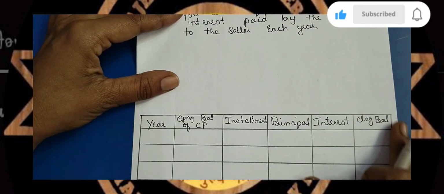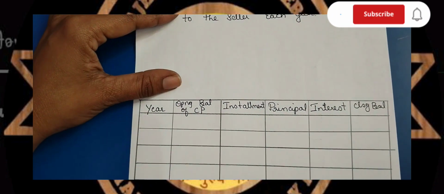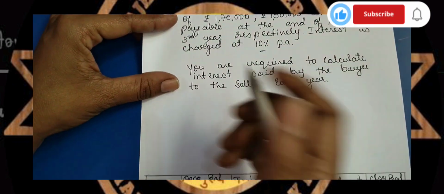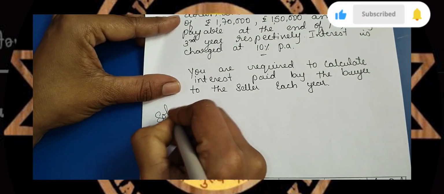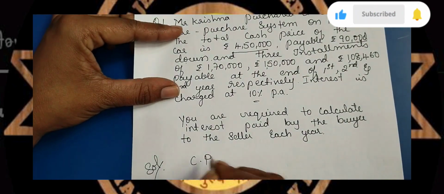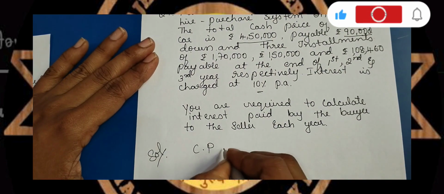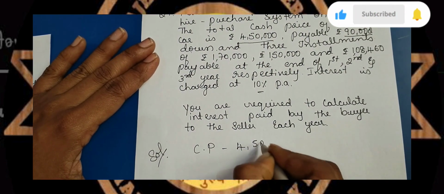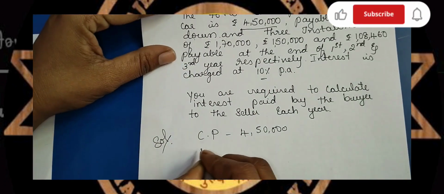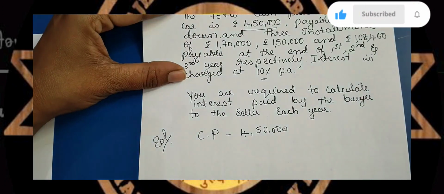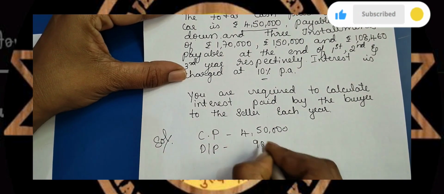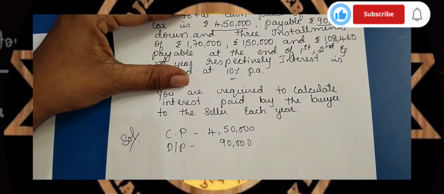So this is the format for calculating the total interest amount. Before understanding this table, we will write the given information in the problem. Cash price is 4,50,000. The initial payment Krishna paid, the down payment, is 90,000, and installments are given.